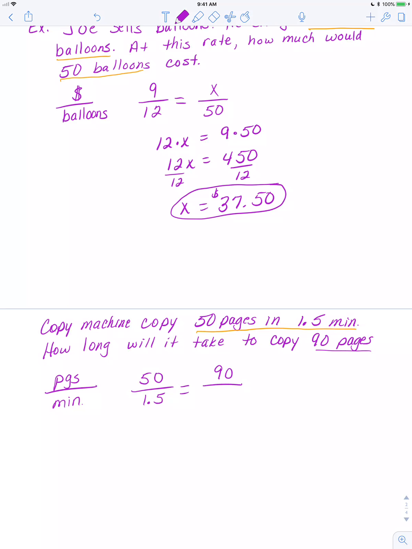So pages is on top, we're looking for the minutes. Cross multiply, so 50x is equal to 90 times 1.5 is 135. Divide both sides by 50. So x should be about 2.7 minutes.